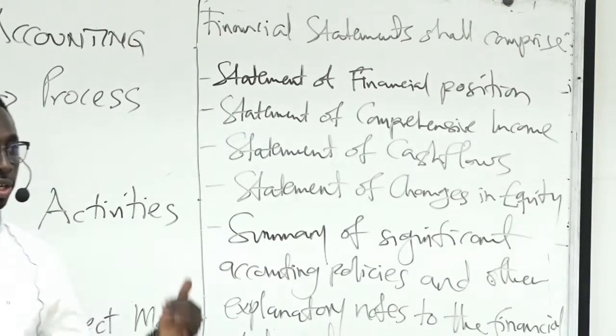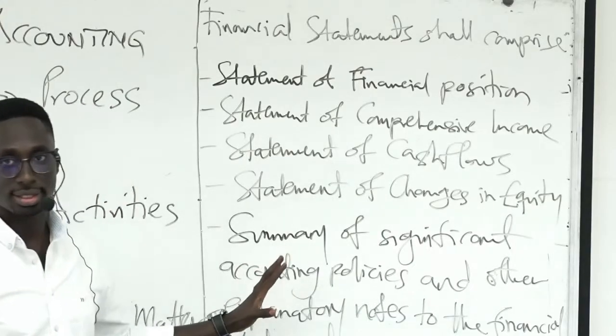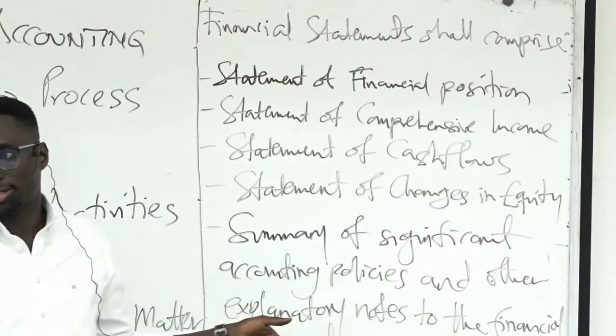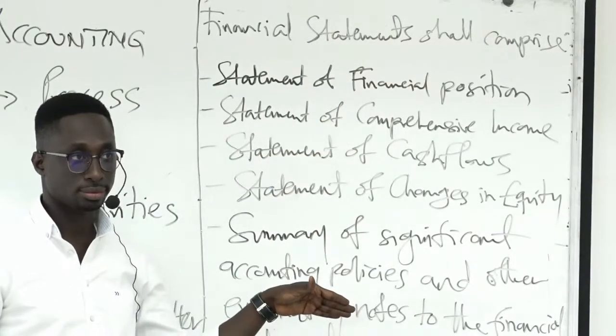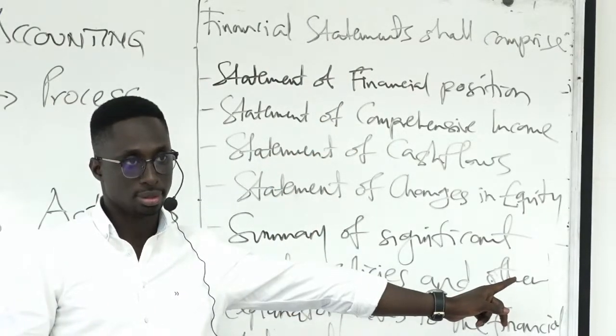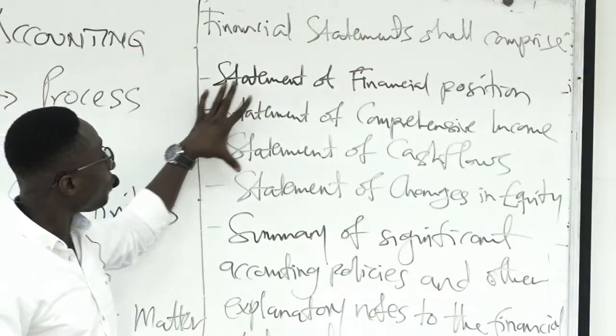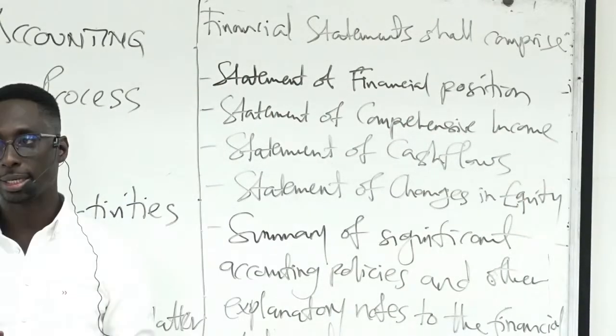Therefore, you realize here, which means in and of these financial statements and their preparation, accounting concepts. So these are the four, the B part, and let's listen to that.